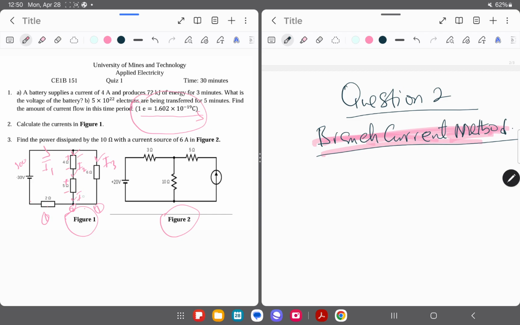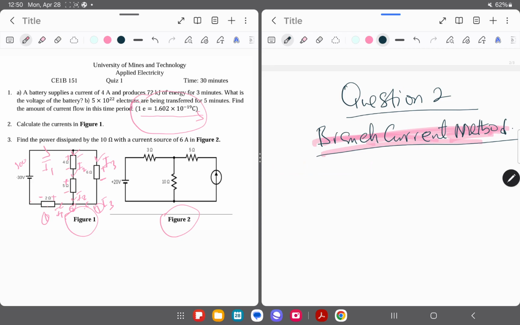Then I have my I3 here as well, where the current enters positive and leaves negative. This current will sum up to give I1, so I1 enters the 2 ohms resistor and the polarity here is plus minus. So I've indicated the polarities, right?